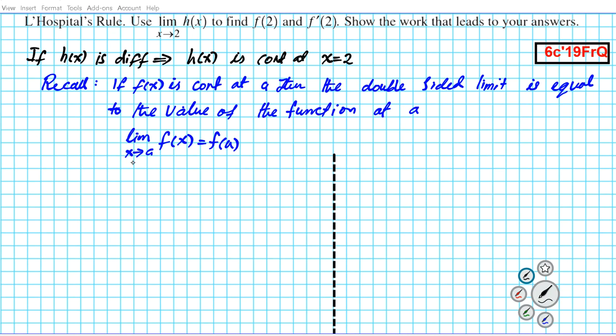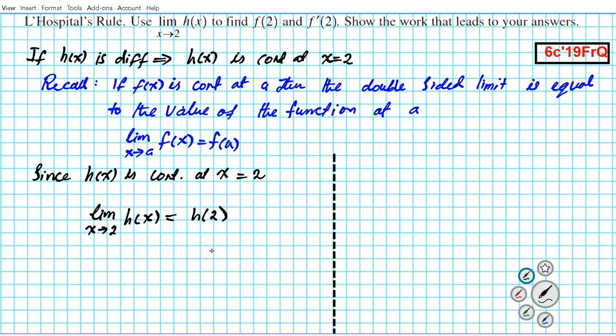Since h of x is continuous at x equals 2, we know that the double-sided limit is going to be equal to the value of the function. So the limit as x approaches 2 of h of x is going to be equal to h of 2.